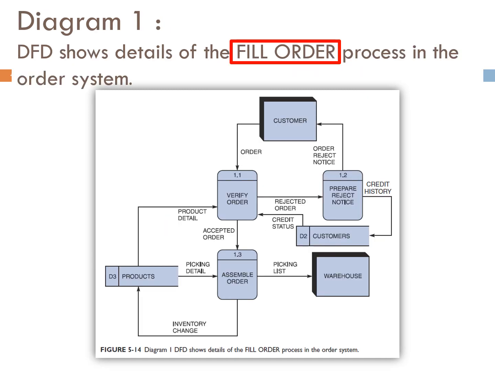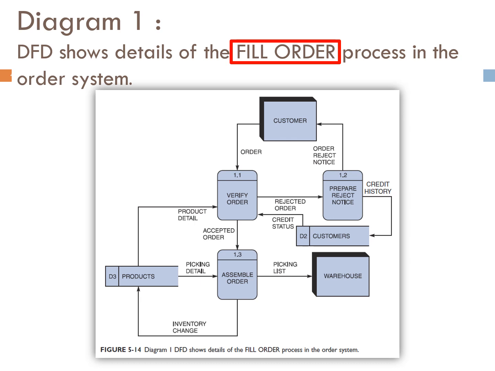Now we draw diagram 1. Remember why we call it diagram 1? Because it originates from process 1. This DFD shows details of the fill order process in the order system.